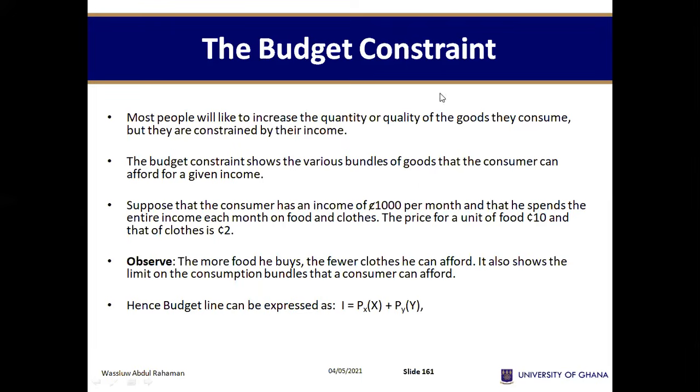So I have discussed extensively everything about the budget line. But there's one quick thing I want to discuss with you, and that has to do with the slope. Mathematically, there's a way of deriving the slope of the budget line. So I equals px times x plus py times y, right?